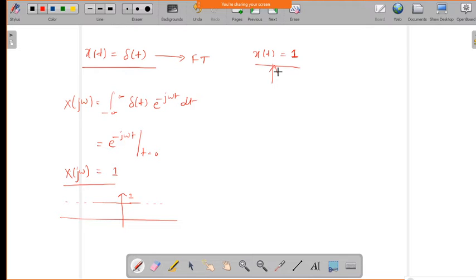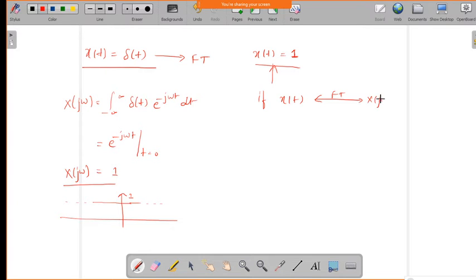We need to use the properties of the Fourier transform to find the Fourier transform of this signal. For this we'll use the duality property, so that if x of t has a Fourier transform X of j omega.